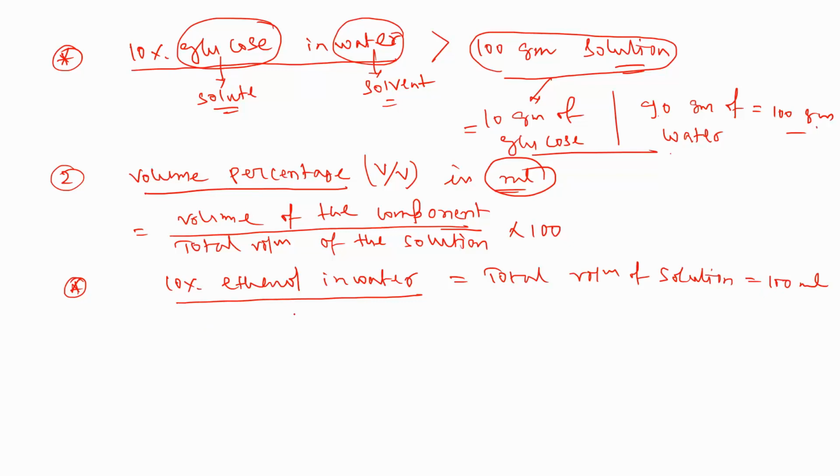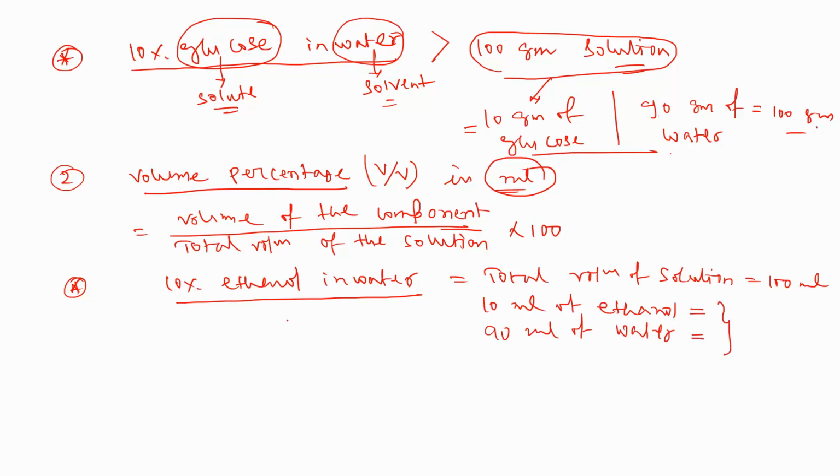So 10% ethanol means there is 10 ml of ethanol present in this solution and 90 ml of water is present. So here the ethanol is the solute and water is the solvent.